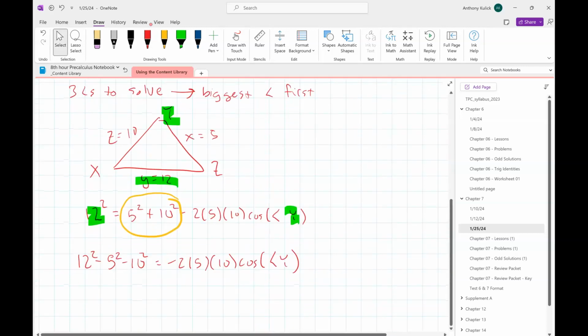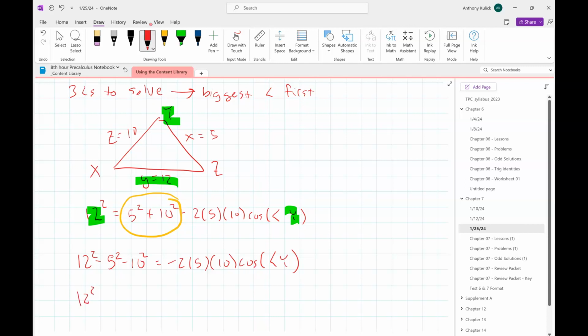So now I have this negative 2 times 5 times 10 times cosine of angle Y. Those 3 numbers, negative 2 times 5 times 10, are all being multiplied to the angle Y. So to move them onto the other side, I have to not subtract, divide, because they're being multiplied, right? This is just like algebra 1 algebra here, guys.